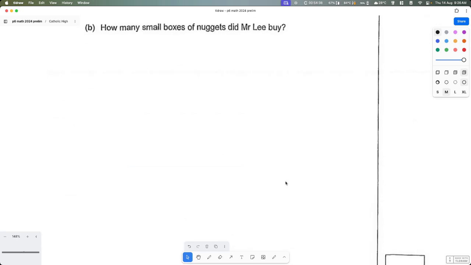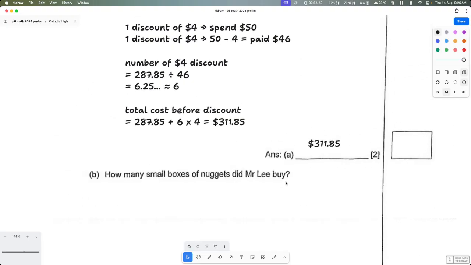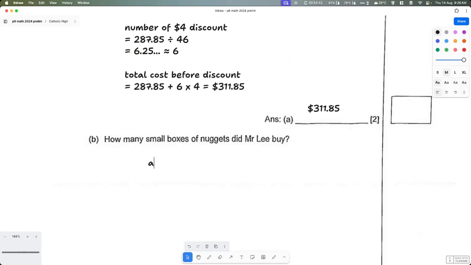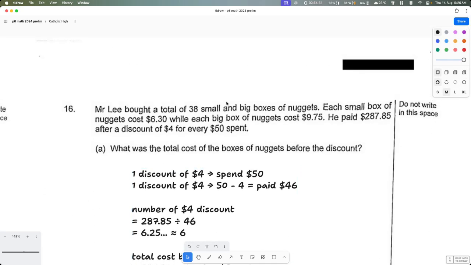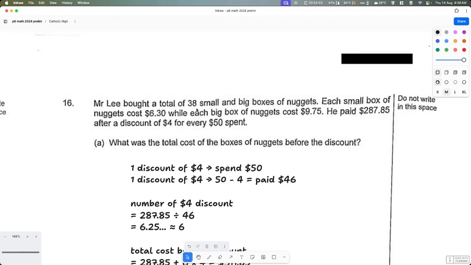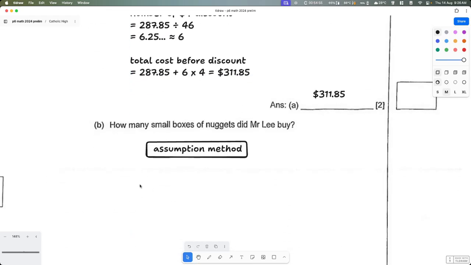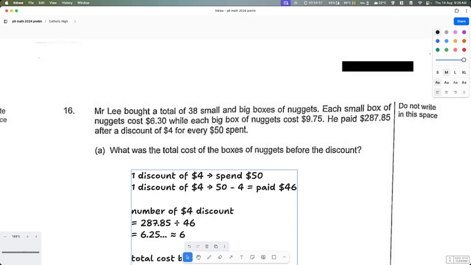How many small boxes of nuggets did Mr. Lee buy? Okay, so this one is the assumption method. The assumption is used because we don't know if there is an equal number. For this we are looking for small boxes.